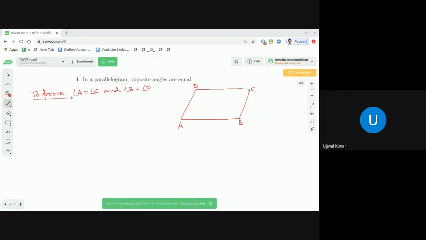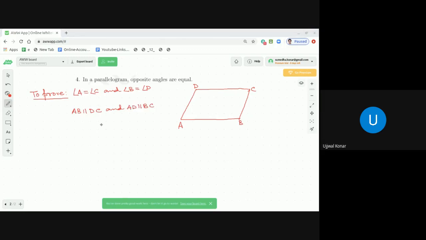Now, as ABCD is a parallelogram, one thing for sure is that AB is parallel to DC, correct? And AD is parallel to BC. Quite obvious.